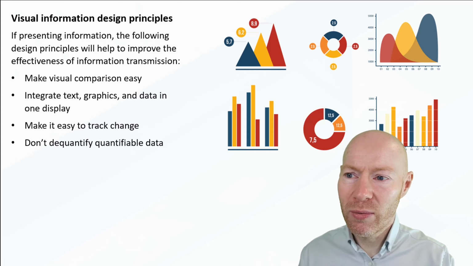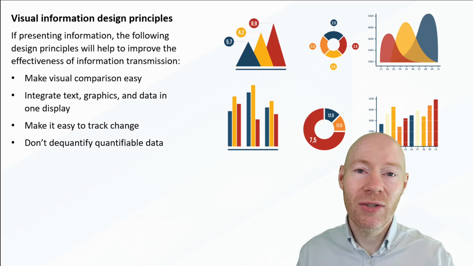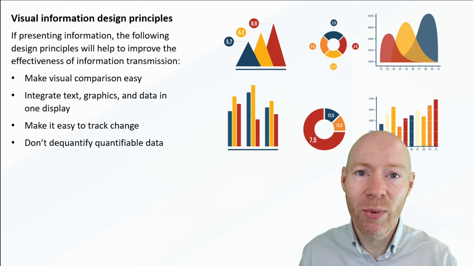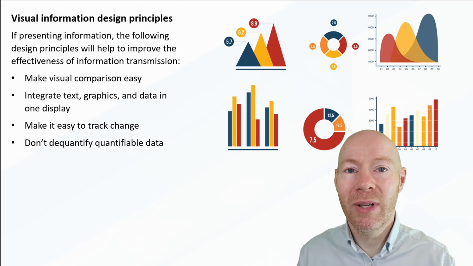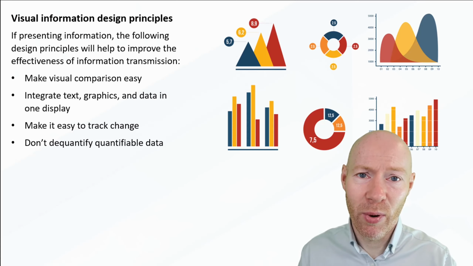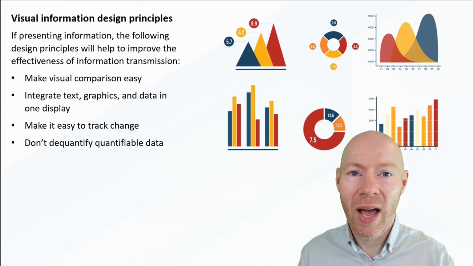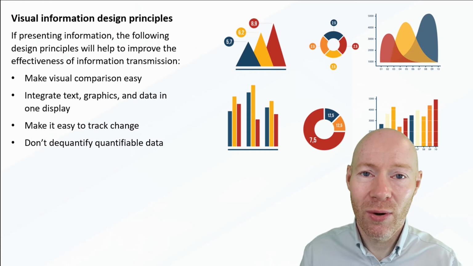Similar to the first point, we'll then go on to think about if we have data that changes over time or over some variable, and we want to track that change, again the importance of being able to easily do that visually. And we'll finish up with a fairly simple point about if we do have data where we can attach quantities to it, then it's important normally that we do so.